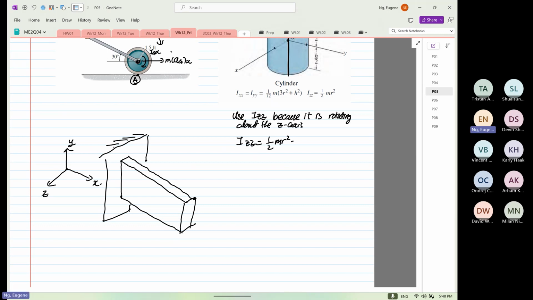This is fixed into a wall. Then this is your X. This is your Y. And this is your Z.